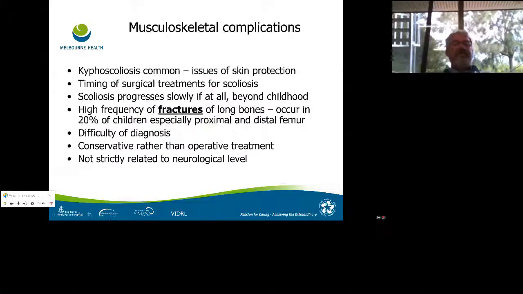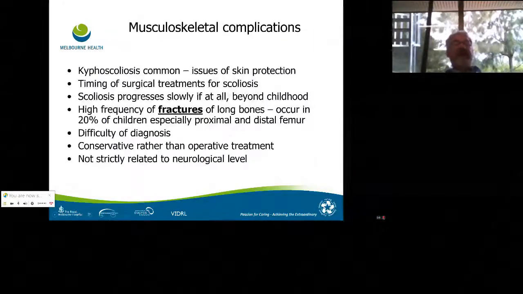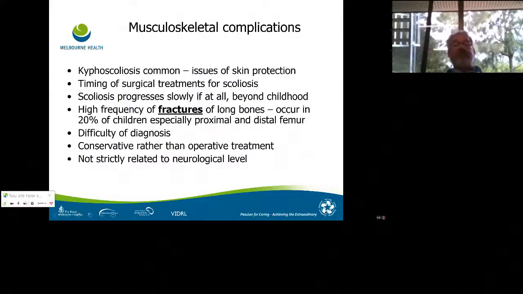Fractures, as I've mentioned, occur in 20% of children, especially the proximal and distal femur, with difficulties of diagnosis, and conservative rather than operative treatment at all age groups.